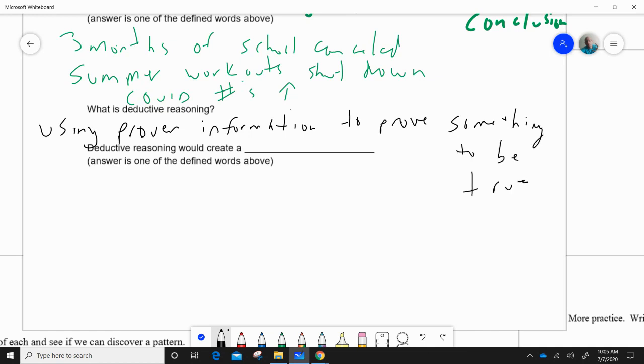And the key word I want to emphasize here is prove. Deductive reasoning uses proven information to prove something to be true.